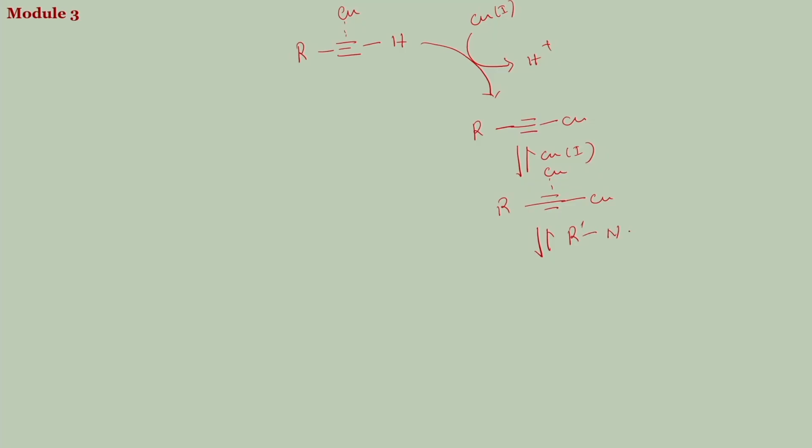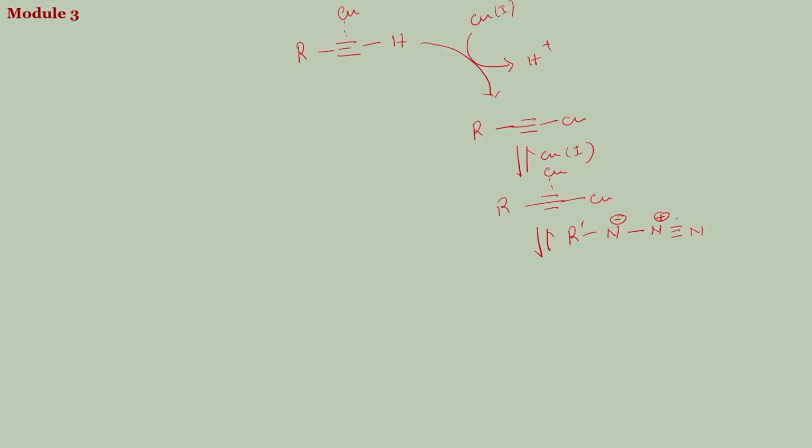Now, N3 can be written like this. So, this is neutral, this becomes plus, this becomes minus. That is what your azide is. N3 always exists, of course, in resonating structures. You can write other resonating structures as well, but this is one of the forms.